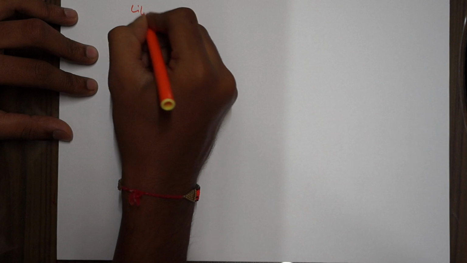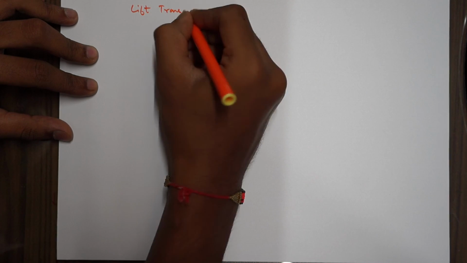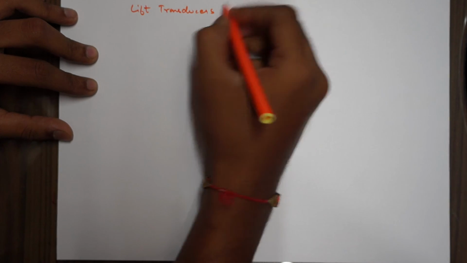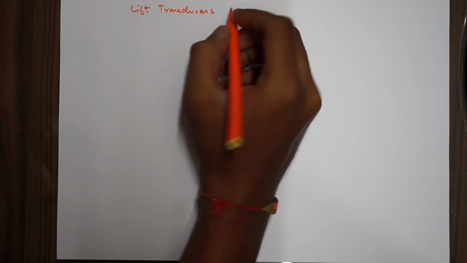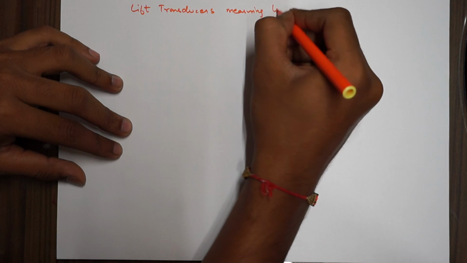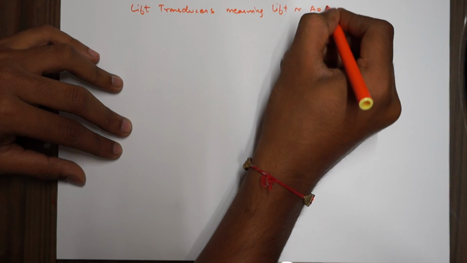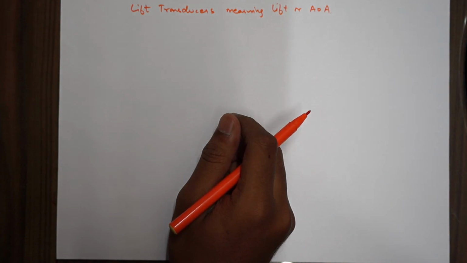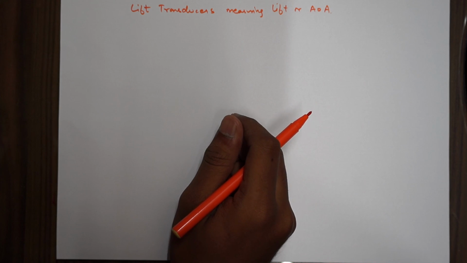Now, there's something called lift transducers. The spelling is LIFT, transducers. These help in measuring lift or angle of attack. So basically it is fitted in modern heavy aircraft at the leading edge of the aerofoil or the wing.